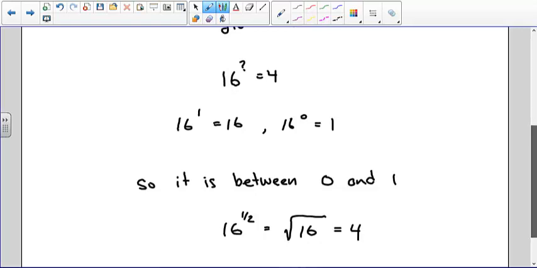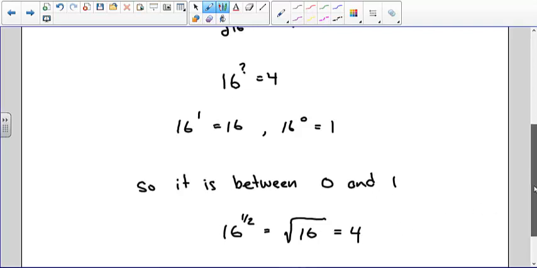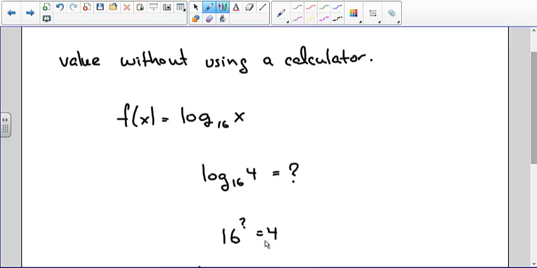So let's try the 1/2 power. 16 to the 1/2 power is the same as the square root of 16. And the square root of 16 is 4, and that matches up. So that works out pretty good. The answer is 1/2.